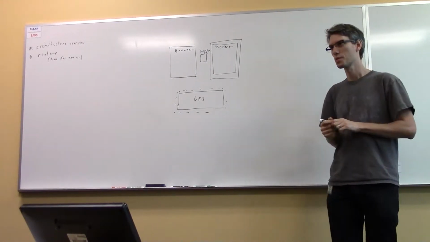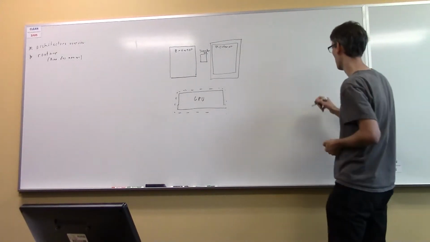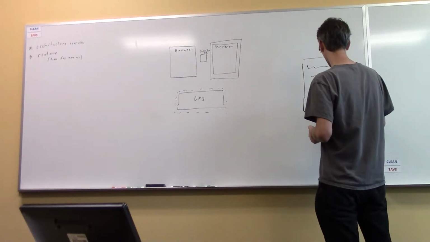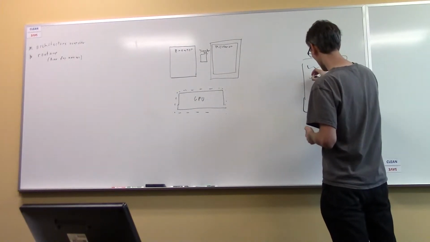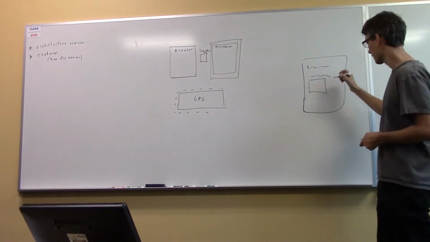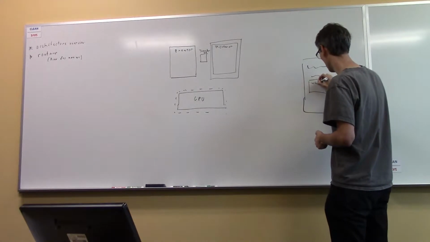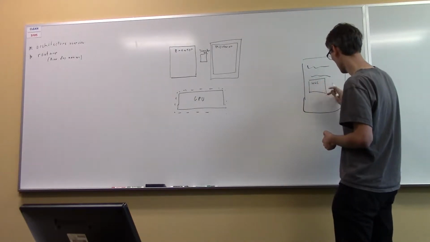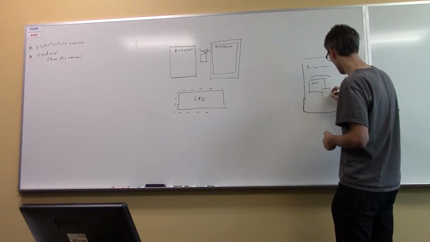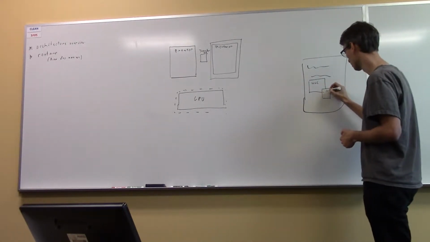So we have to worry about things like overlap, like you have web content on the page, and then you have a WebGL image here. And then on top of it, you have, say, an image, a pretty picture.